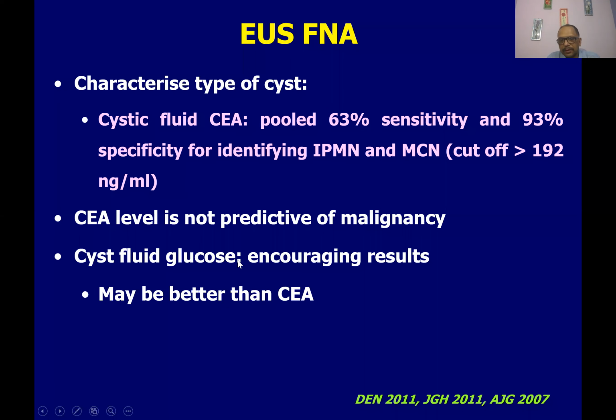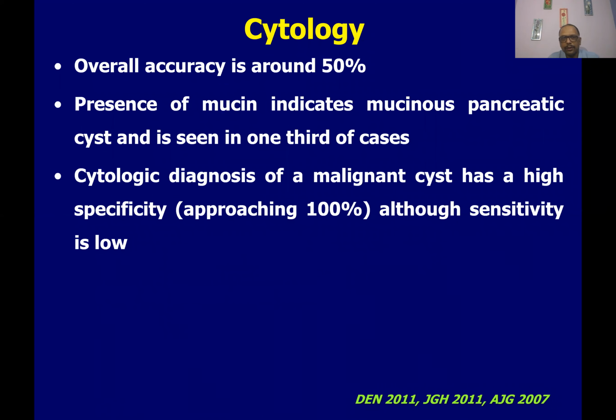And now there have been some studies on evaluation of cyst fluid glucose, which has encouraging results. Some studies have shown that maybe it's better than CEA for identifying the mucinous cyst. But still, the problem of moderate sensitivity remains with cyst fluid glucose also. What about cytology? Again, the overall accuracy of cytology for accurately diagnosing pancreatic cystic lesions is very poor, around 50% only.